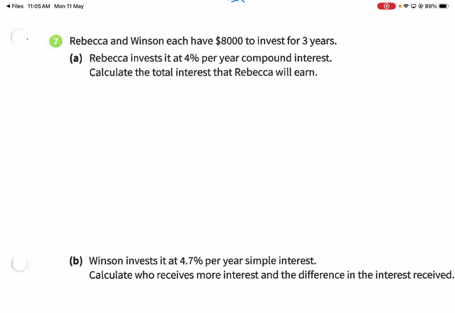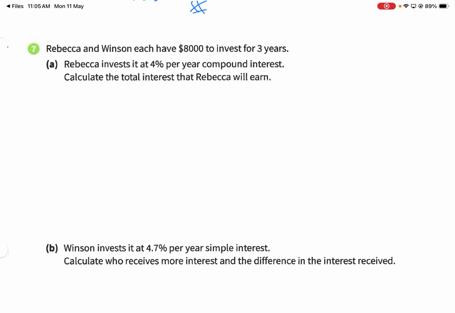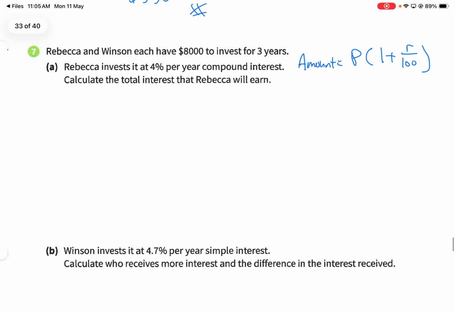Okay, before you all went for your OBS, we already started the compound interest. The compound interest, there is one formula that you will be using. It will be given in your exam paper. So the formula is amount equals to principal (1 plus R over 100) to the power of n.